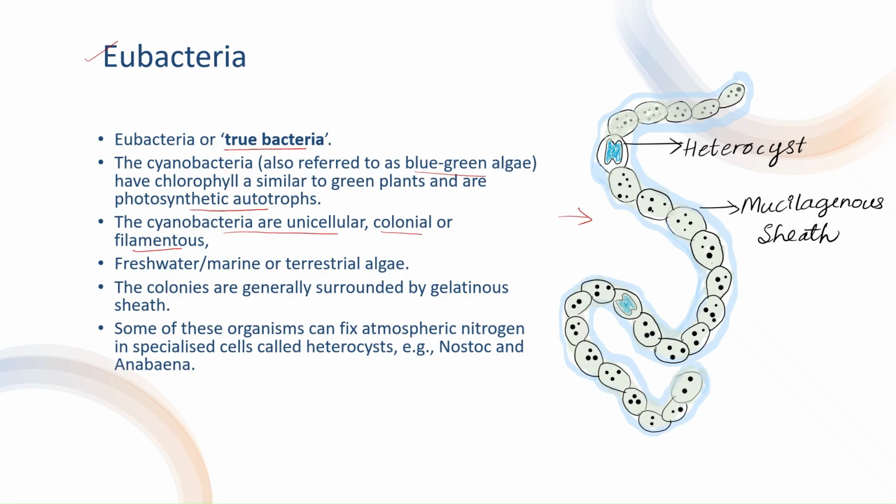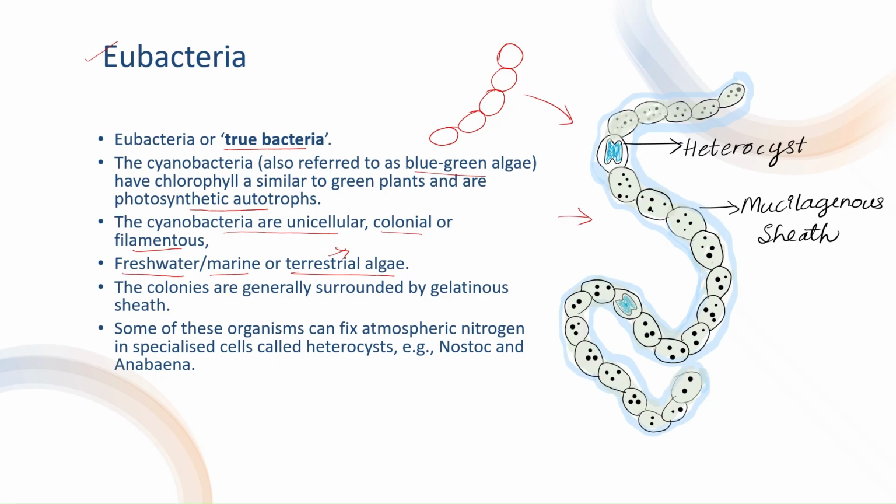They are unicellular, but they are present in a colony as filaments, like this. They are present in freshwater, marine water, or on land as terrestrial algae. The colonies are generally surrounded by a gelatinous sheath. This blue color you can see is a gelatinous sheath around a filament.